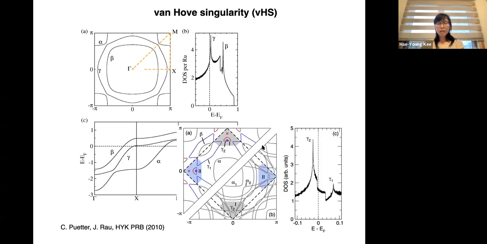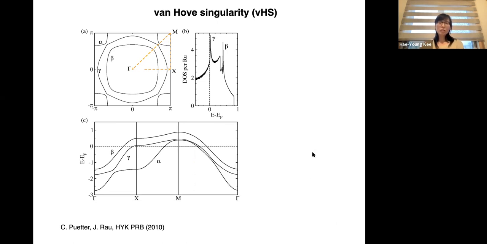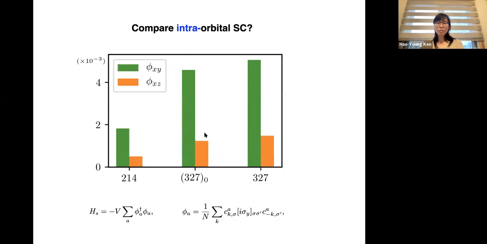If we have a bilayer, the gamma actually splits into 2, gamma 1 and gamma 2, and they still appear to exist once we make the staggered rotation. And these Van Hove singularities are there, and since I have a lot of density of states, if I just have an intra-orbital superconductor like this one, this is going to be sensitive to the density of states.